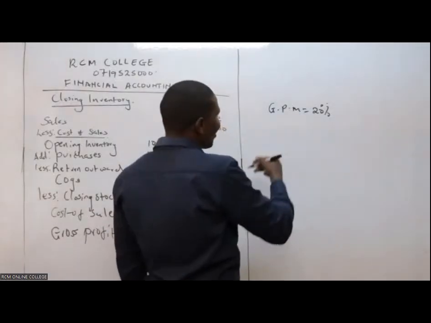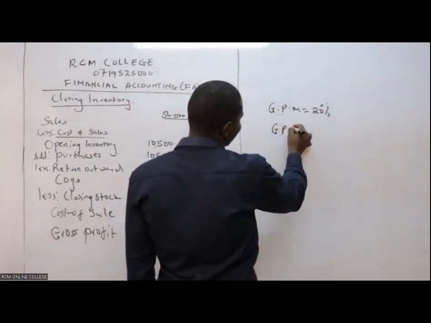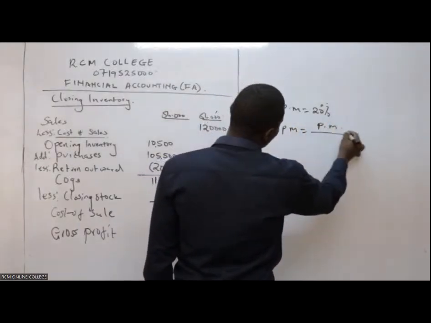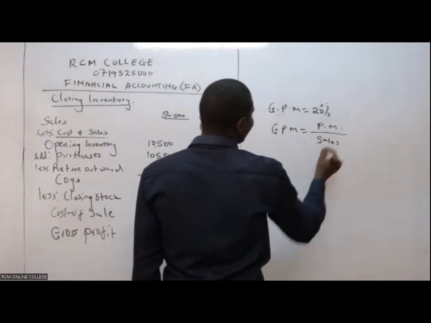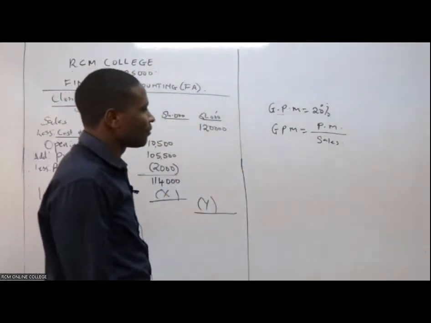Now, how do we get a gross profit margin? Gross profit margin is gotten by gross profit divided by sales. Now, in this case, can you tell me which value do I have?